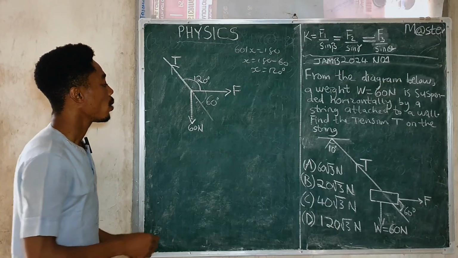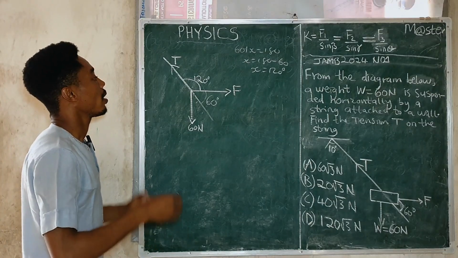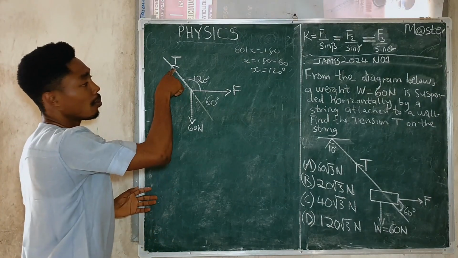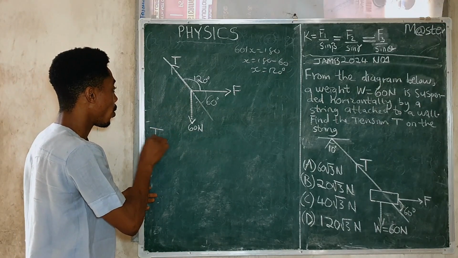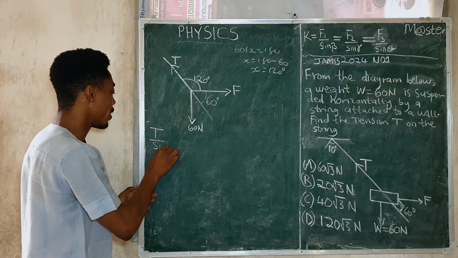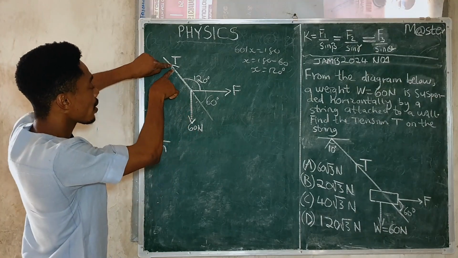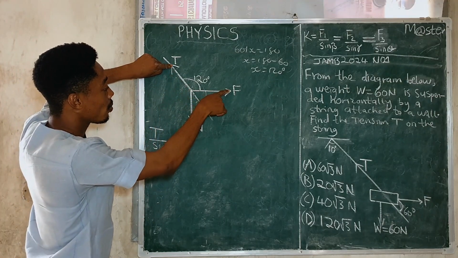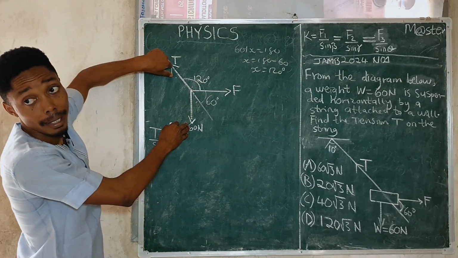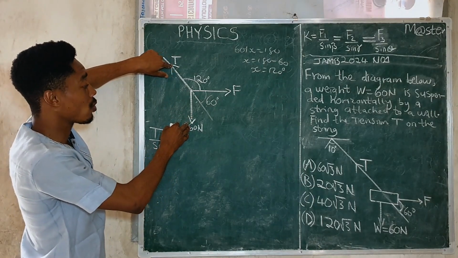Moving from there, we will apply Lami's theorem. According to Lami's theorem, we'll start with T. We'll say that T all over the sine of the angle between the lines of action of the other 2 forces.